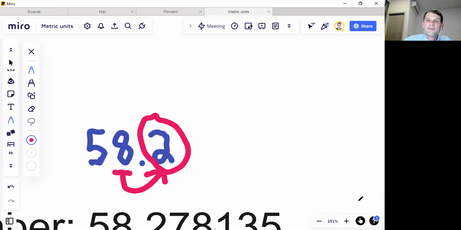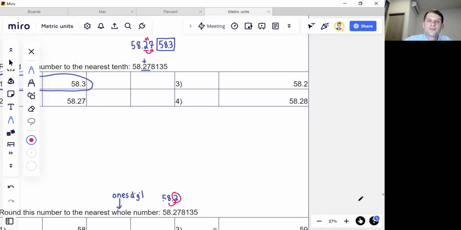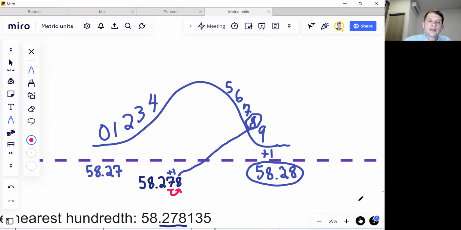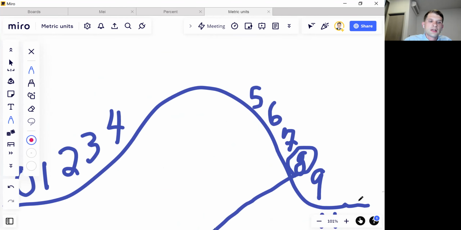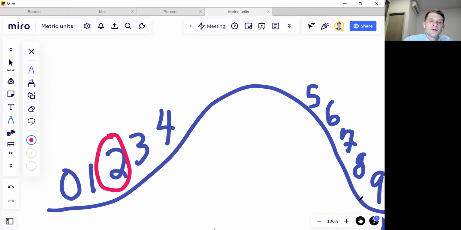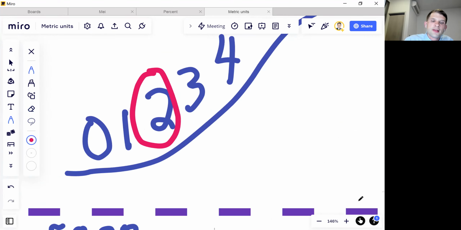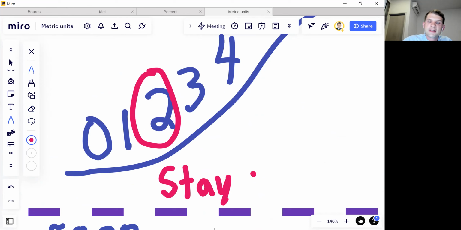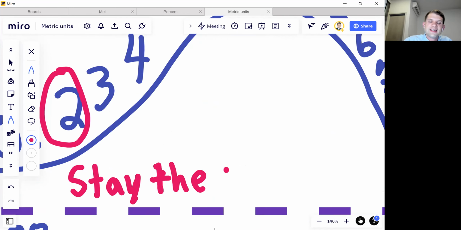Now if we revisit our rounding roller coaster for a second here. We know that if a number is a small number or less than 5, we know that we need to round down, which really means the digit in question, or in this case, the ones digit, is going to stay the same, okay? So it's going to stay an 8 there.